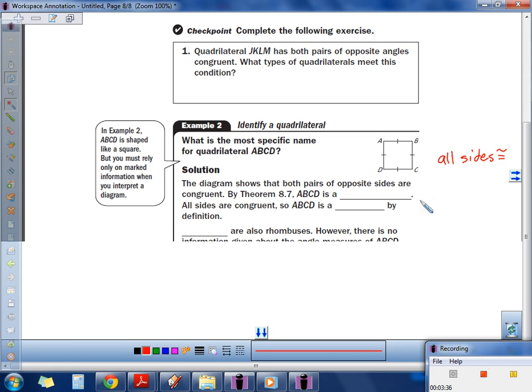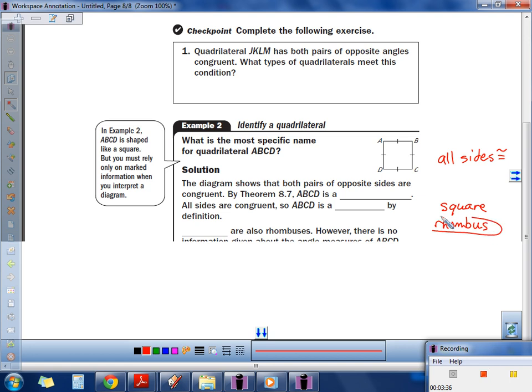Well, there are actually two shapes that have that property. I've heard these words, square and a rhombus. So you need to think which figure best displays that property, or which figure displayed that property first.